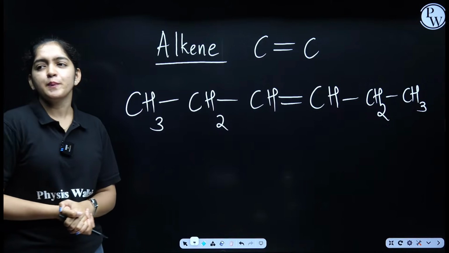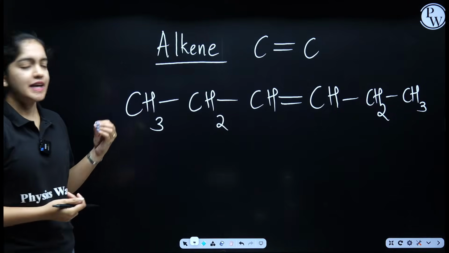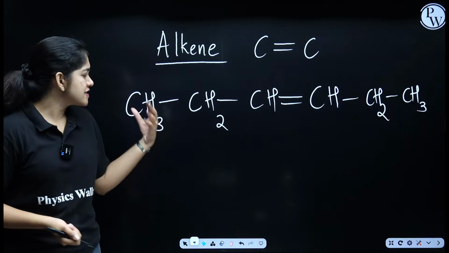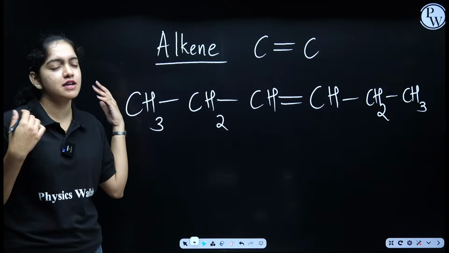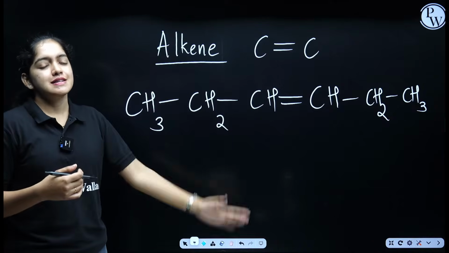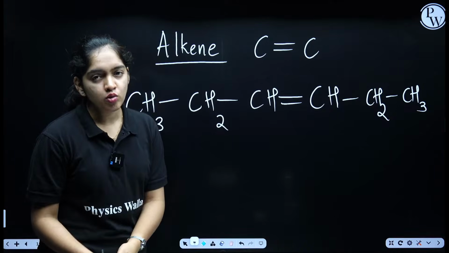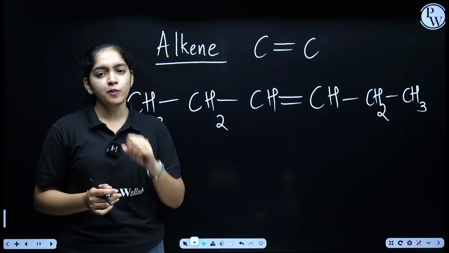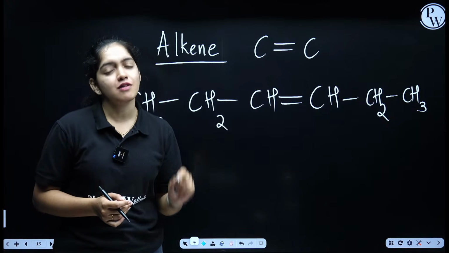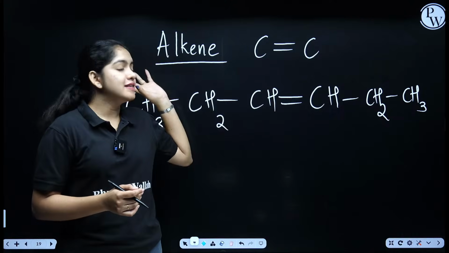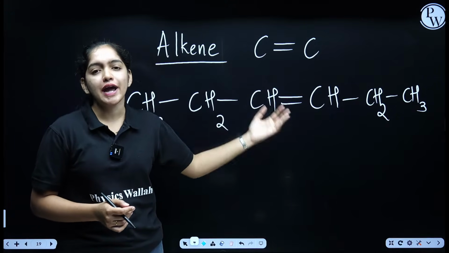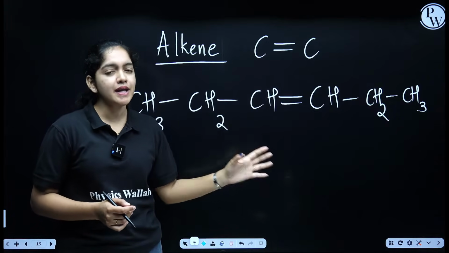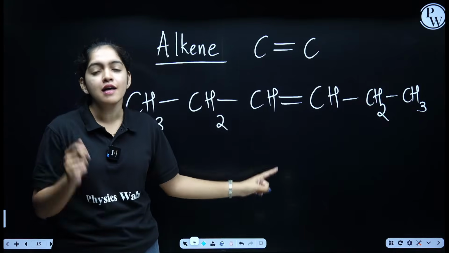So, what will be the name? Anyone got? First, there is no branch, so no need of any confusion. Just give the numbers, and here we are going to learn the other rule, that is, if a double or triple bond is present, that double or triple bond should get the least number while numbering. The numbering should be done from left to right and right to left, and while numbering, the double bond should get the least number.